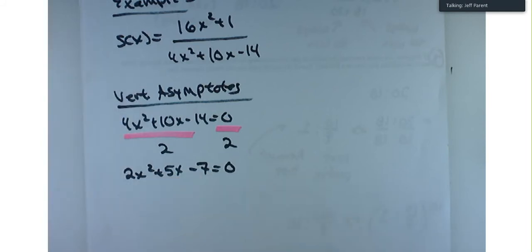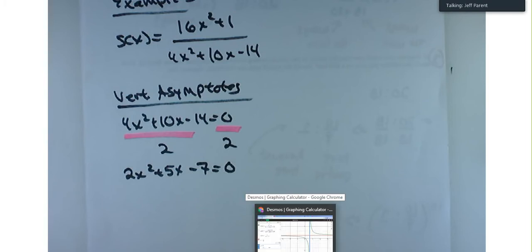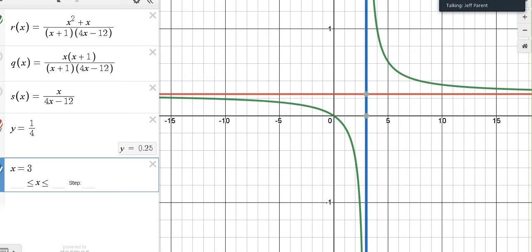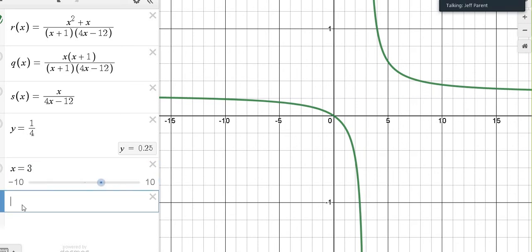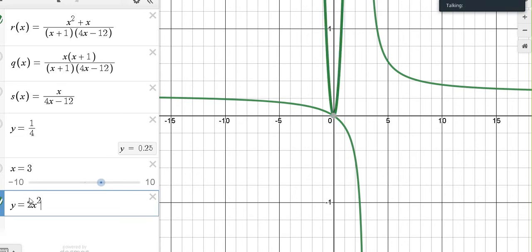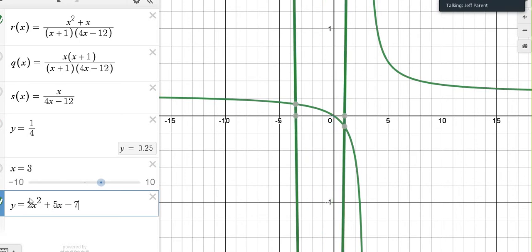Is there another way we could try and make our life a little bit easier here? What's my go-to to make our life easier? Desmos. Yeah, let's use Desmos. All right. So I'm going to graph y equals 2x squared plus 5x minus 7.